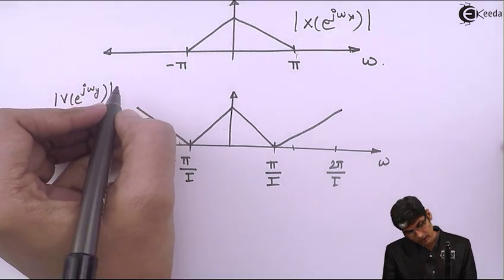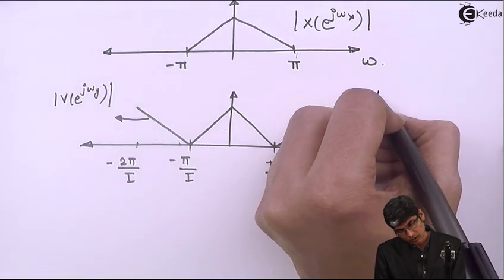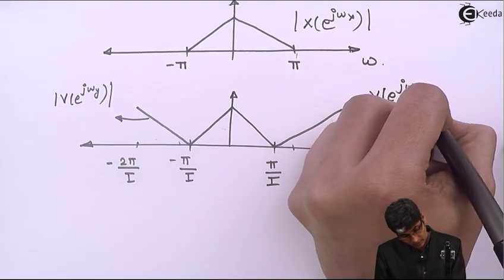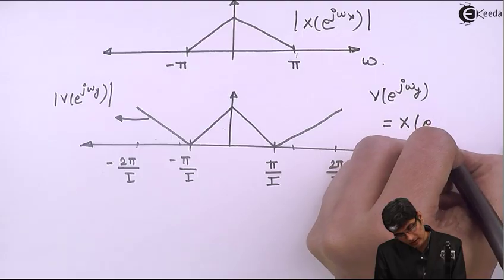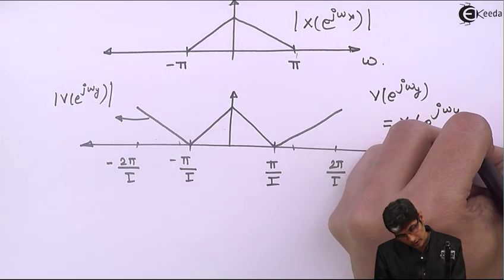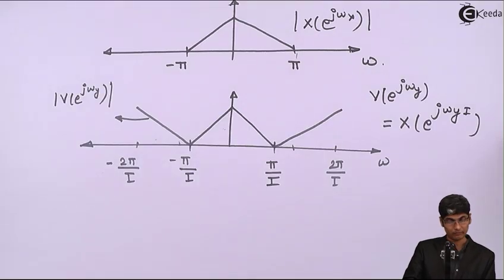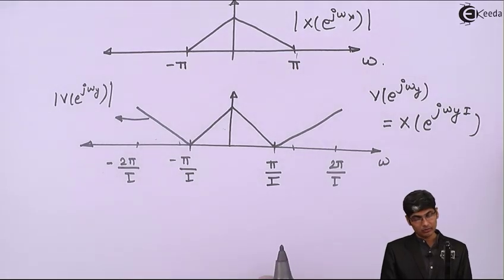I can write it as v of e raised to j omega y, which comes to x of e raised to j omega y times of I. Omega y times of I, that is z raised to I we got, right?